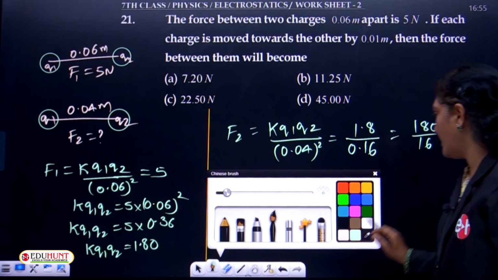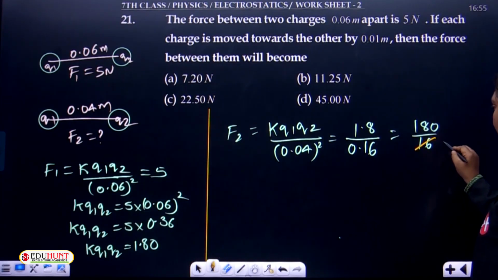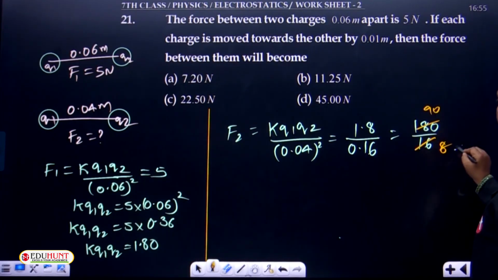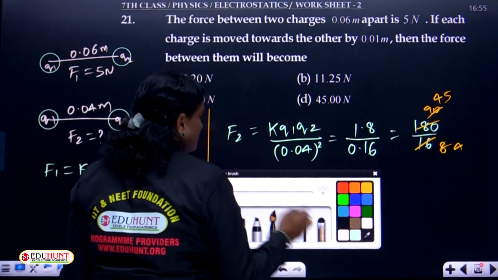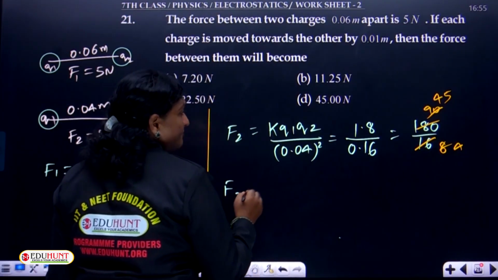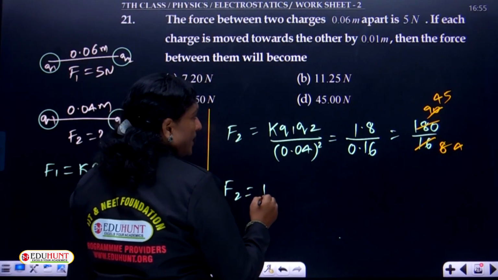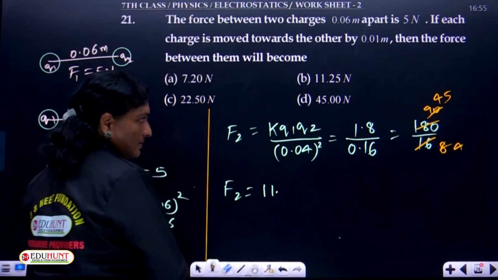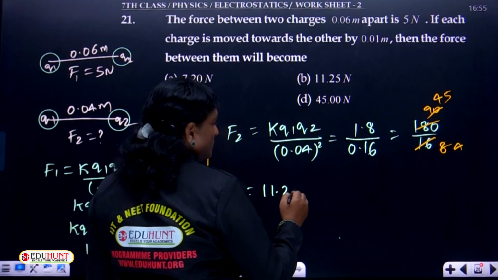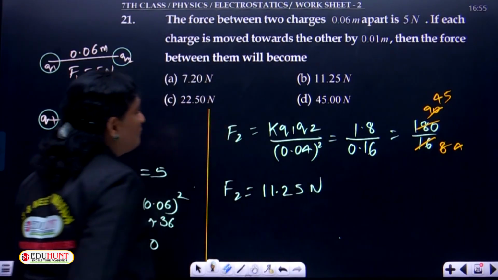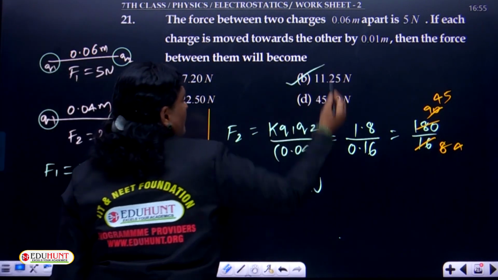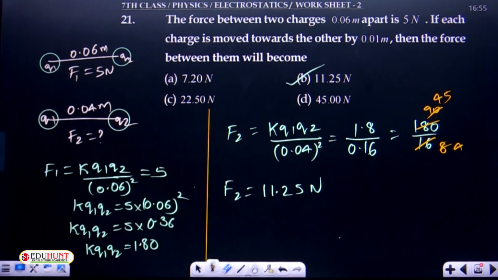Simplifying further, you get 45 upon 4, and after further simplification, F2 is equal to 11.25 Newton. Hence the correct option must be option B, that is 11.25 Newtons. Clear, children?